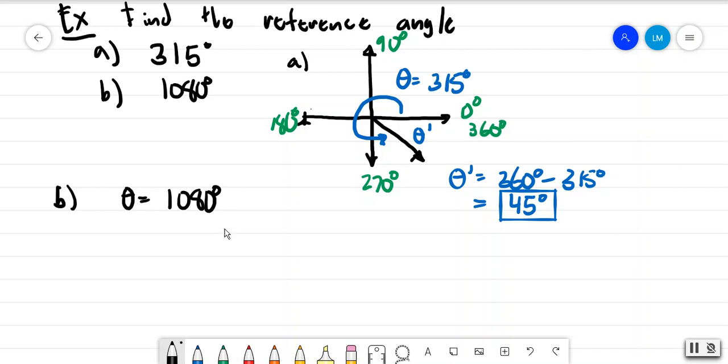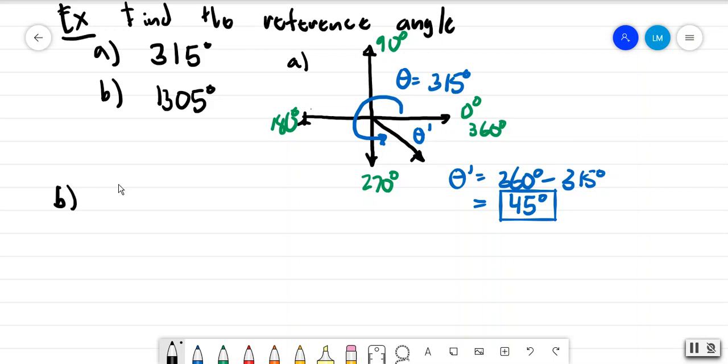Actually, it's not 1080 now that I'm looking at my notes. It's actually bigger than that. 1080 is like a reference for me. It's actually 1305. Okay, so theta is 1305.